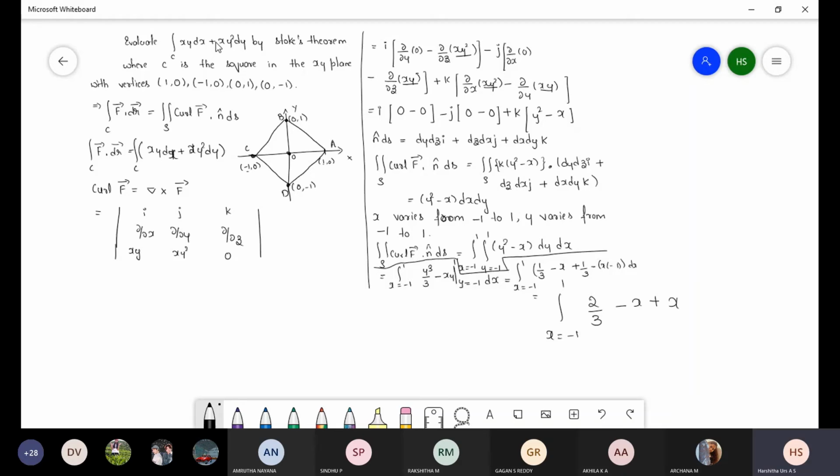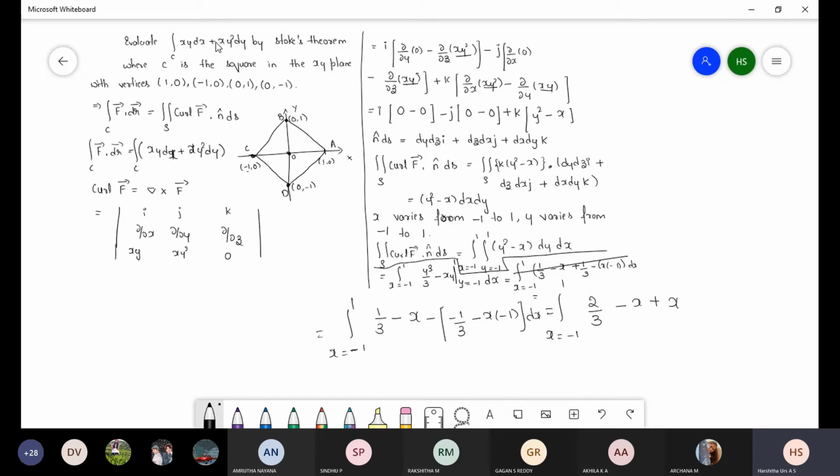Here I just write this step once again. Here x is equal to -1 to 1. Upper limit is 1 by 3. Again upper limit for the second term is x. Lower limit minus of -1 by 3 minus x into -1 into dx.